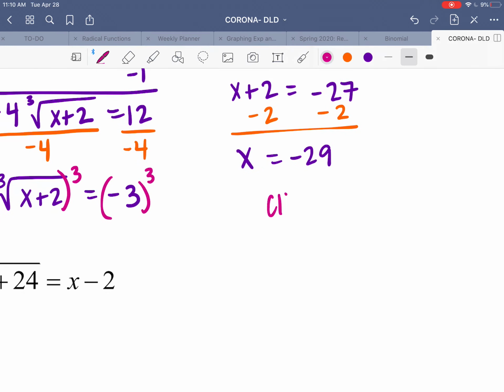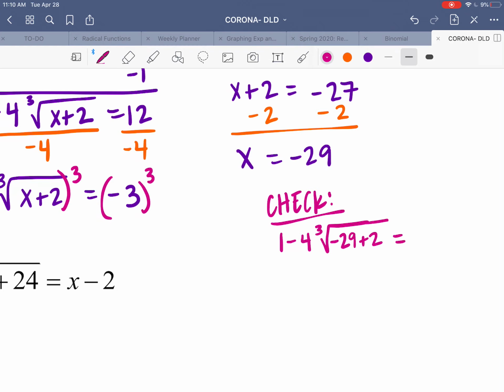Okay, and then if we check this, you can plug it in your calculator. If we do 1 minus 4 times the cube root of negative 29 plus 2, what does that equal? Well, we're going to have the cube root of negative 27, which is going to be negative 3.